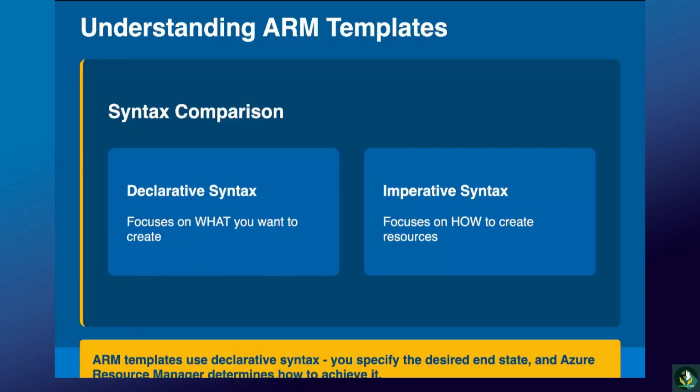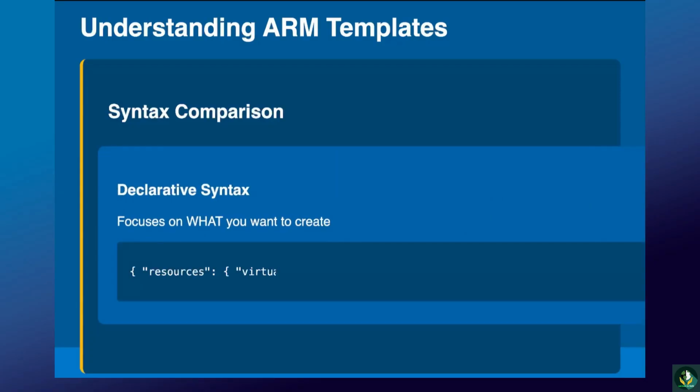Let's explore ARM templates, which are a foundational tool for deploying and managing infrastructure in Azure. ARM templates are JSON files that define the infrastructure and configuration for your deployment. They use a declarative syntax. Declarative syntax simplifies the process of defining what resources you need without worrying about how to create them step by step.